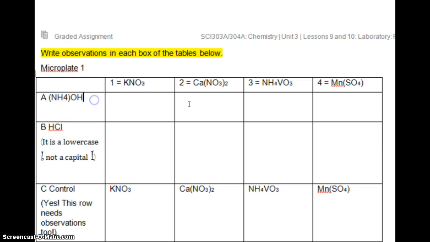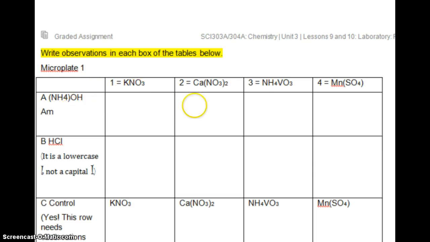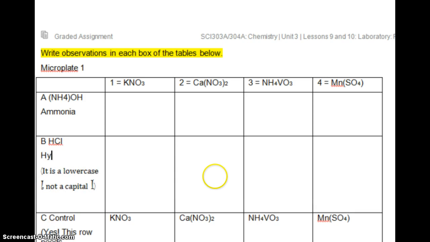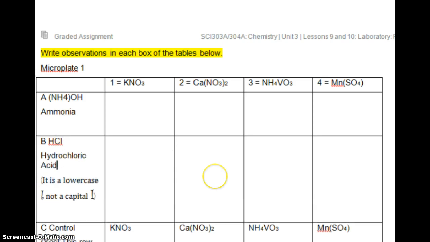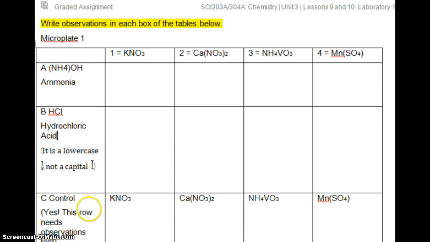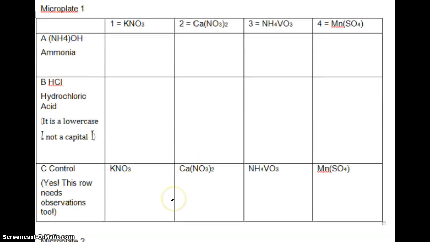And we're going to mix them with this. This right here is actually ammonia. You may have used that before in cleaning. And HCl, with a lowercase l, not a capital I, is called hydrochloric acid.